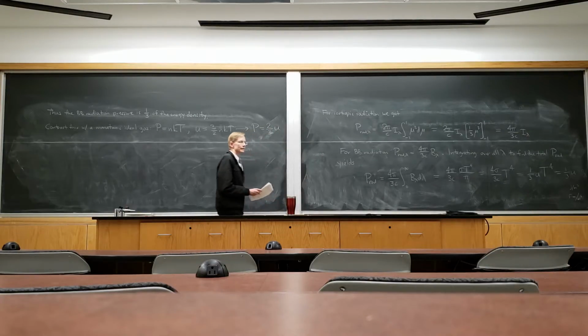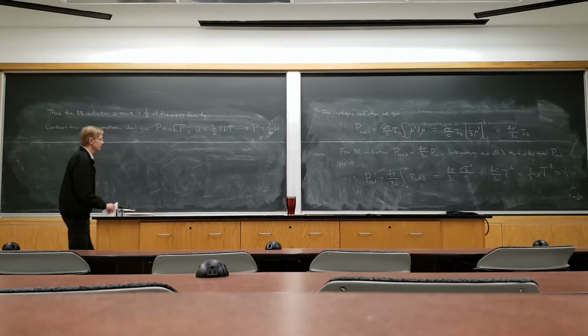So that's an important difference. For radiation pressure, P is 1/3 of U, but for ideal gas pressure, P is 2/3 of U.